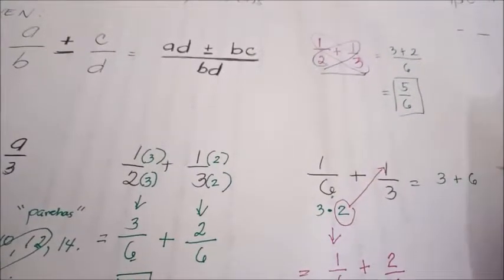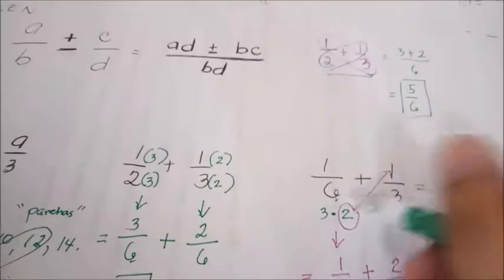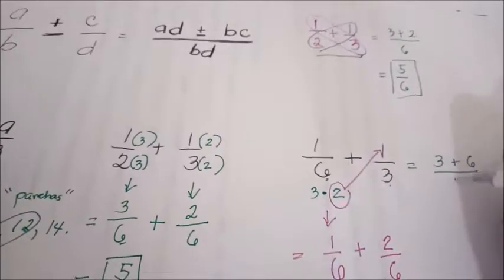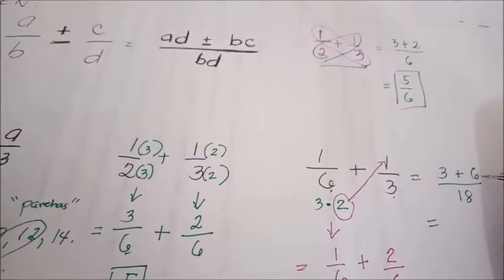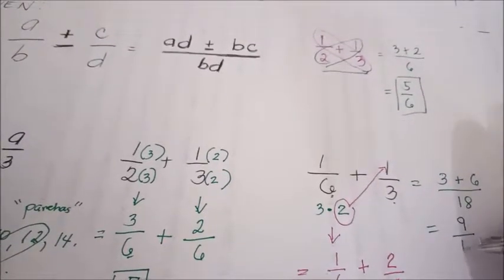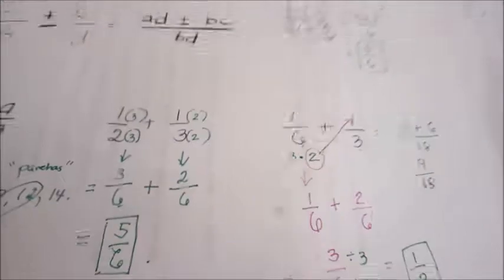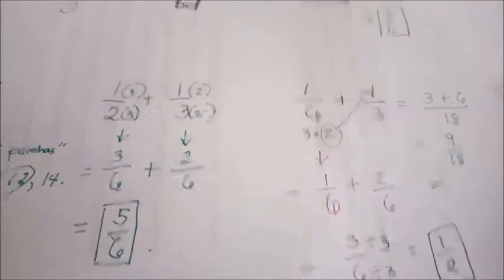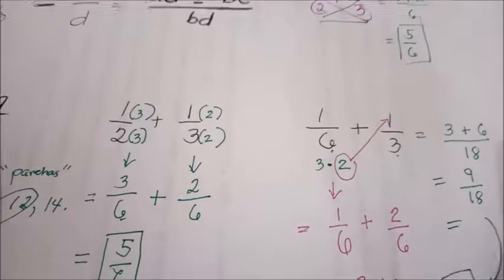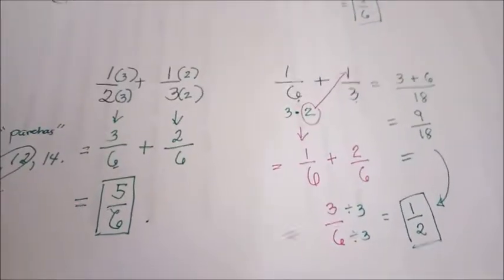Then you add them, all over 6 times 3, 18. 6 plus 3 is equal to 9 over 18. If you are good at lowest terms, go. 9 and 18 are both divisible by 9 and it will still be equal to 1/2.